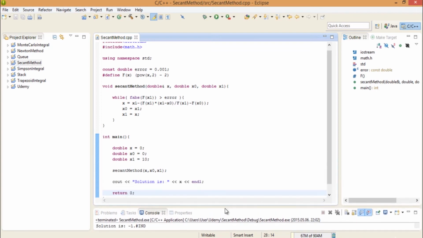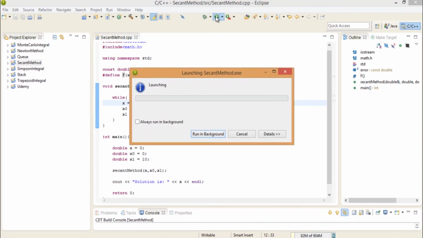And something is not good. Let me think about it. x1 minus f(x1) times x1 minus x0. Yeah, because I'm missing divide by f(x1) minus f(x0) and something like this.